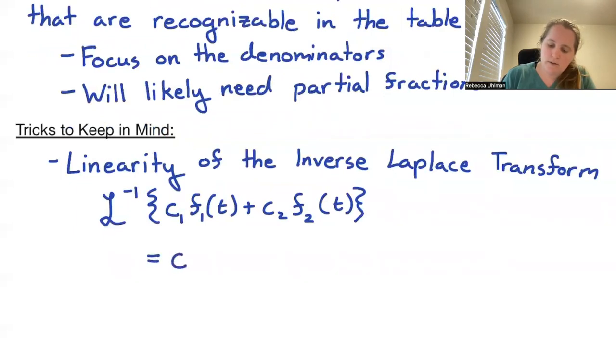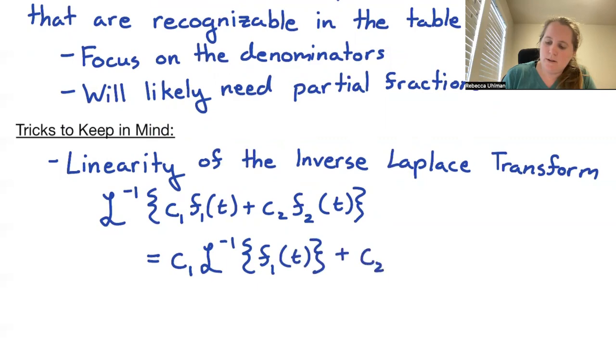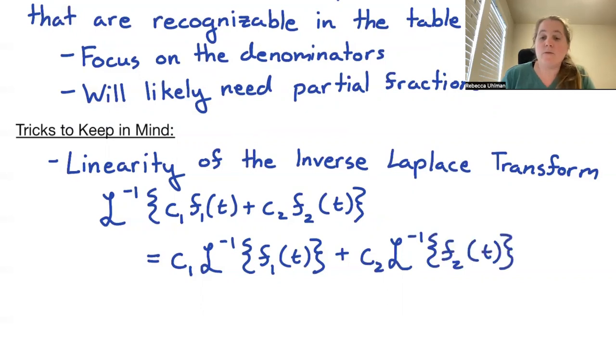So this is equal to C1 times the inverse Laplace transform of F1 of t plus C2 times the inverse Laplace transform of F2 of t. This is a useful trick to have. We can split using, say, partial fractions as much as we want, and then of course we can pull out scalars however much we want to force the format we need.